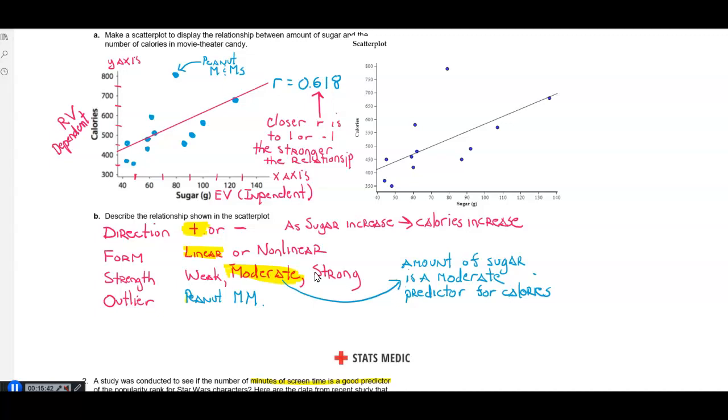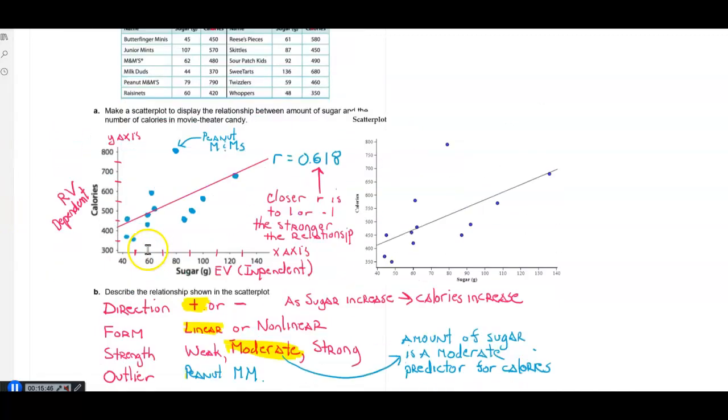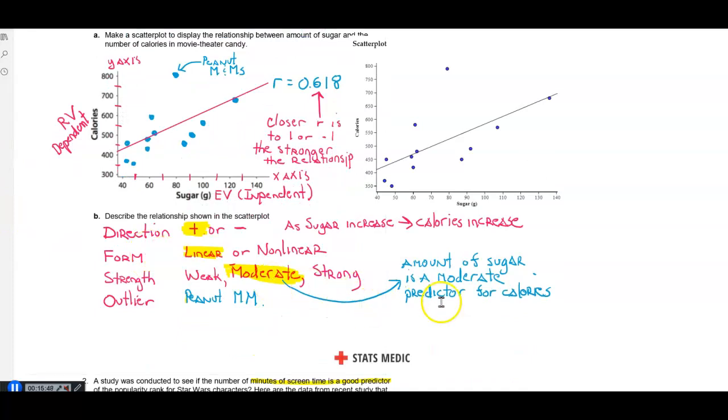Remember the other day I showed you, when ice cream sales went up, shark attacks went up. So you can't say that ice cream sales cause shark attacks just because there's a strong relationship between the two. We talk a lot about that in the next section.